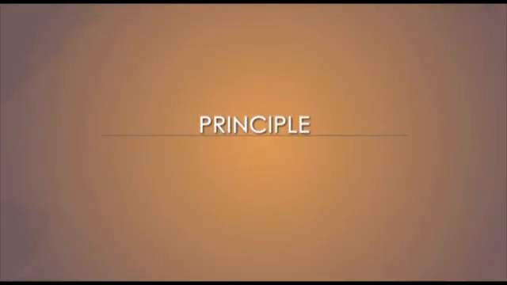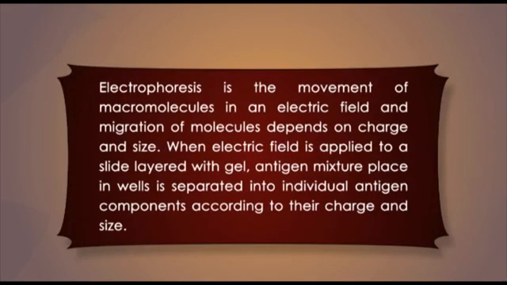Principle: Electrophoresis is the movement of macromolecules in an electric field, and migration of molecules depends on charge and size. When an electric field is applied to a slide layered with gel, the antigen mixture placed in wells is separated into individual antigen components according to their charge and size.